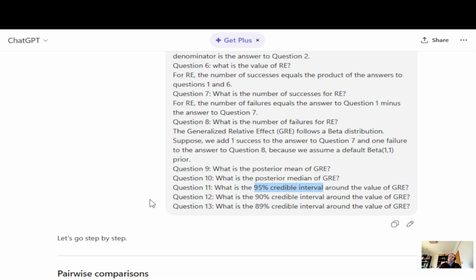It's not the same, it will be slightly smaller, but it's more comparable than the other two. There are also scholars who advocate for a 90% or even 89% credible interval, because those tend to be a little more stable. So we just calculate all three credible intervals.